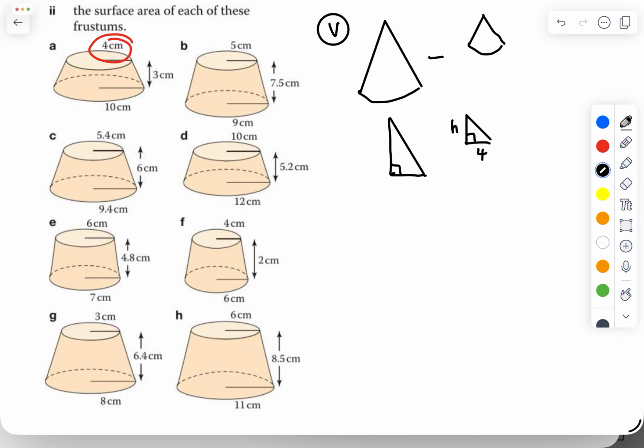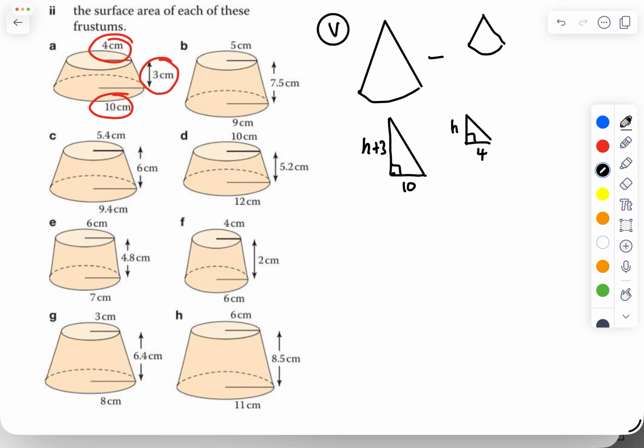Okay, we know the base of the big triangle is 10 because that is the base of the frustum. So that means basically if the big triangle would have been the original cone, it's h plus the 3 that's left behind after the top is cut off.